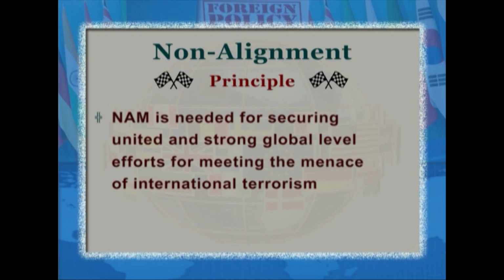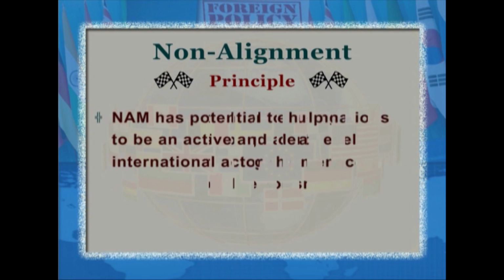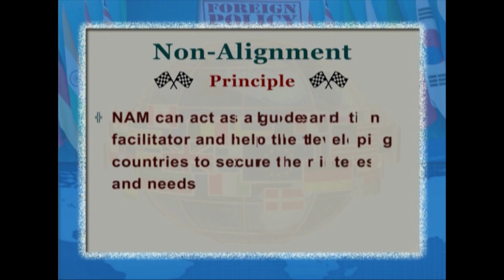NAM is needed for securing united and strong global level efforts for meeting the menace of international terrorism. And it is to be noted that NAM has potential to help nations to be an active and alert international actor. It can act as a guide and facilitator and help the developing countries to secure their interests and needs.